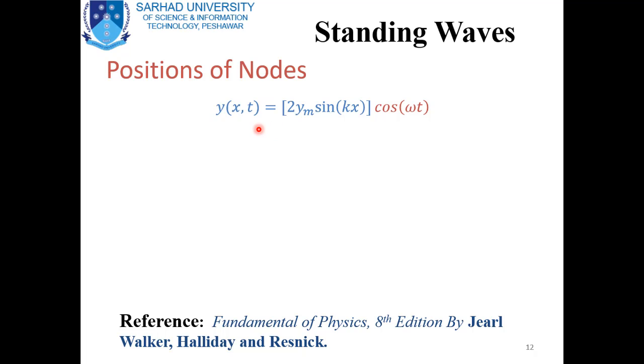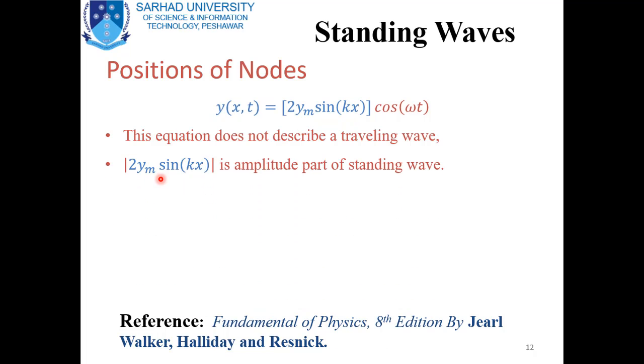This equation does not represent a travelling wave because the argument term is split. In sin kx and cos omega t, the wavelength part and the frequency part are in two different sinusoidal functions. So this equation does not describe a travelling wave.